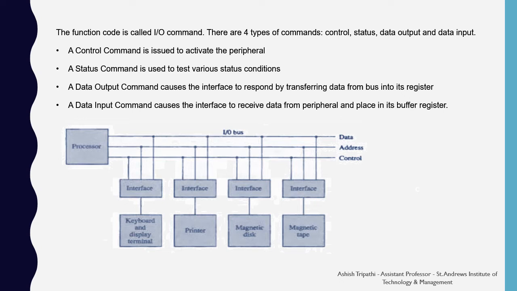Whenever there is a need for data, a control command is issued to activate that peripheral, for example the keyboard. Then the status command is read from the keyboard to check whether it is activated or not. After that, the data input command is issued so that the keyboard can input the data and the interface then transfers the data to the processor.